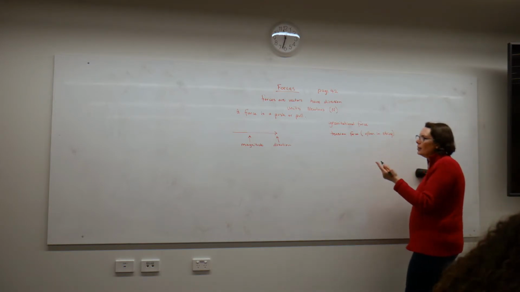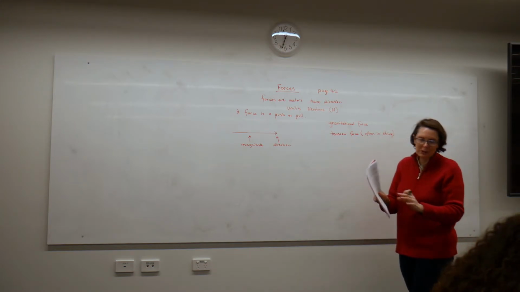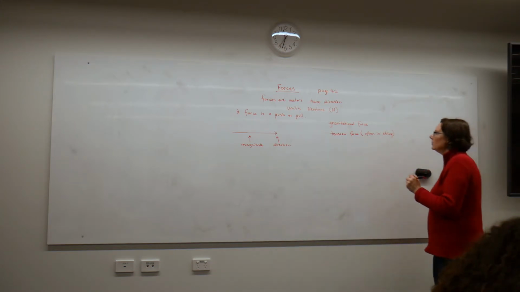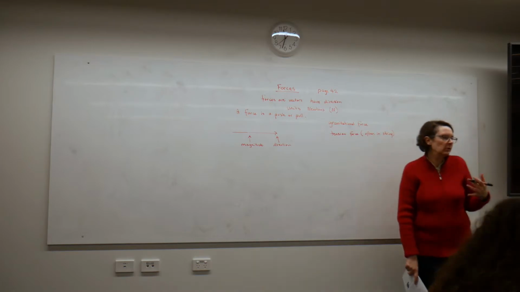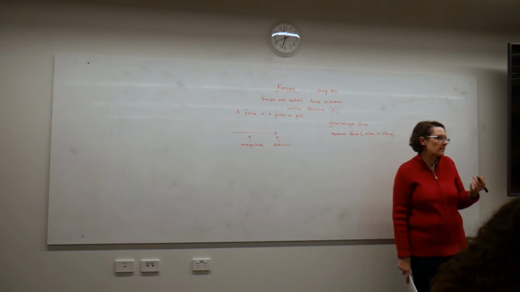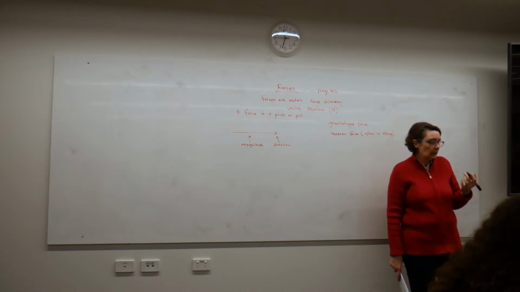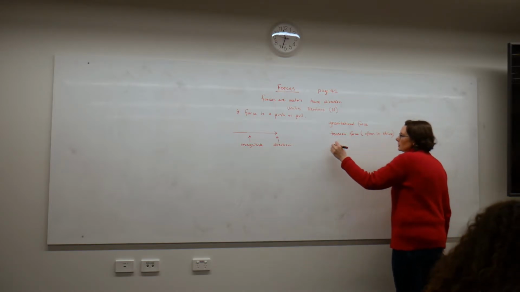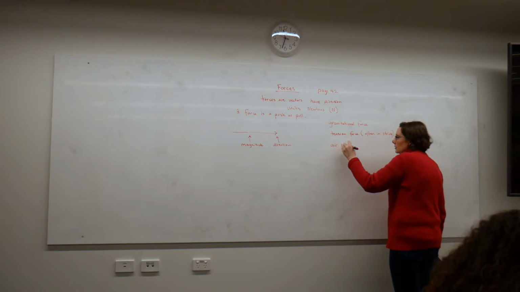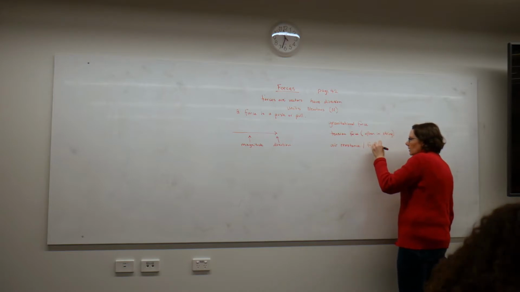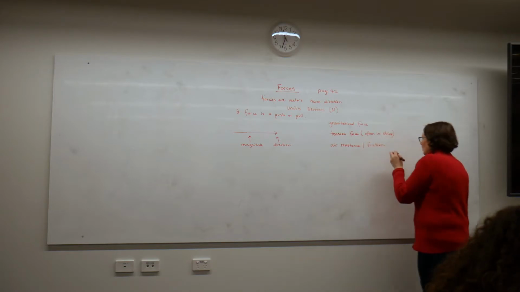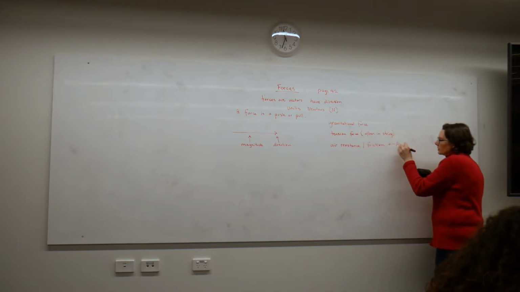We can have other forces that aren't in this section in the booklet, but we'll talk about them anyway. Do you know of a force that opposes motion? Friction? Air resistance. So we've got air resistance and friction. These always oppose the motion.